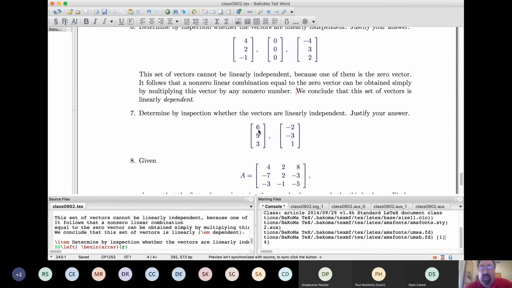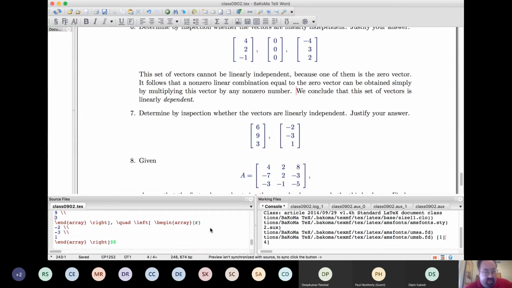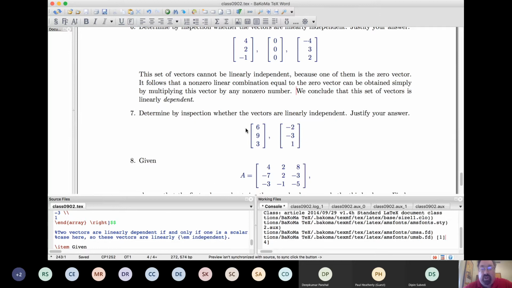And then here, vectors of length 3, we only have 2 of them. Now, when you have 2 vectors, you want to check, is one of them a scalar multiple of the other? That almost happened here. Each of these entries is equal to these divided by plus or minus 3, but that's just it, it's plus or minus.